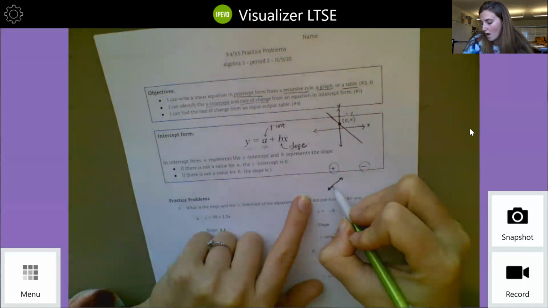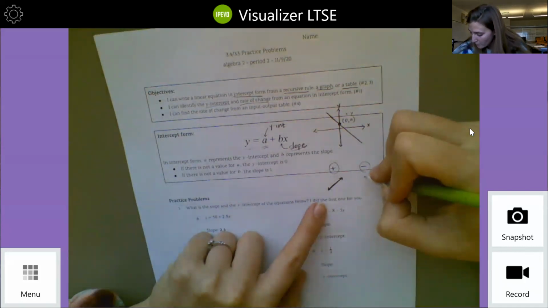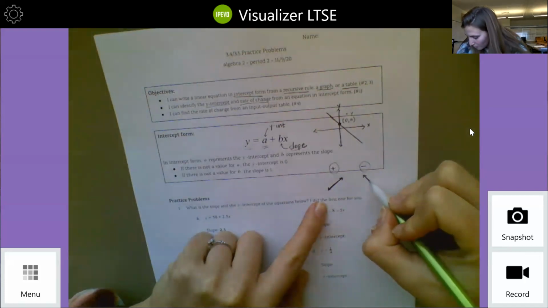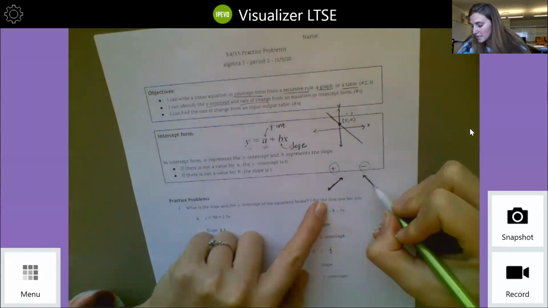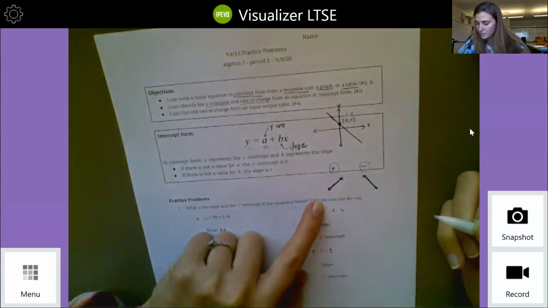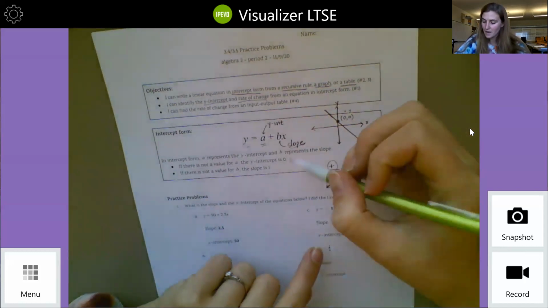It's like we're climbing up a hill. And then a negative slope is going to go from left to right, it goes downward, like we're skiing down. So positive, negative slope.